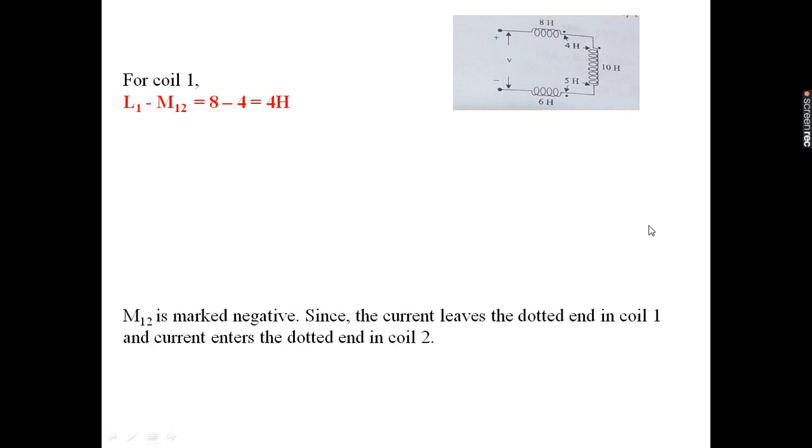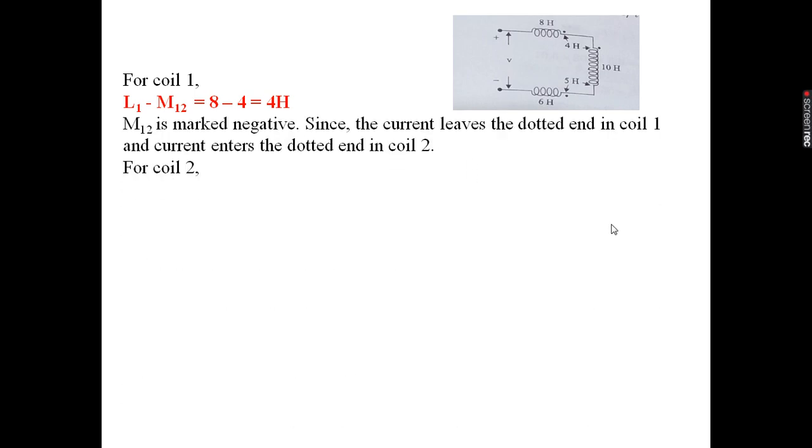So the net inductance of coil 1 is self-inductance and mutual inductance. Here the mutual inductance is negative because of the dot rule between these two. So it is L1 minus M12, which is equal to 8 minus 4 Henry.